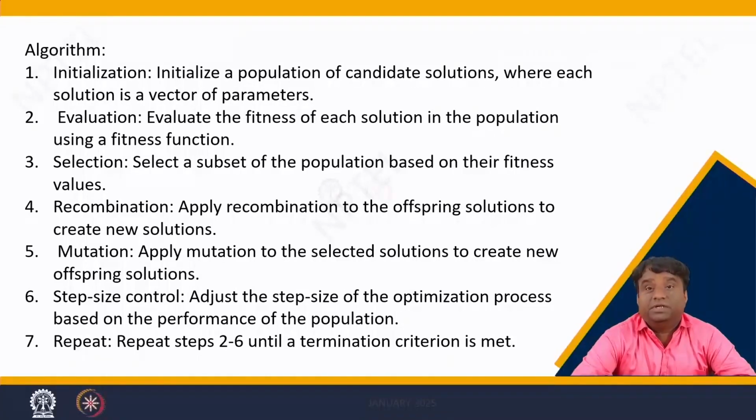Apply recombination or crossover to create new offspring solutions. Mutation. Apply mutation to the selected solutions to create new mutated offspring. Step size control. Adjust the step size of the optimization process based on the performance of the population. Repeat steps 2 to 6 until a termination criterion is met.